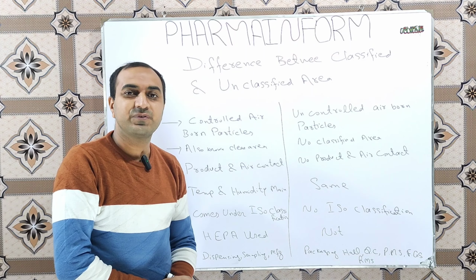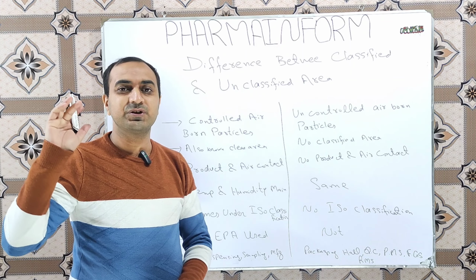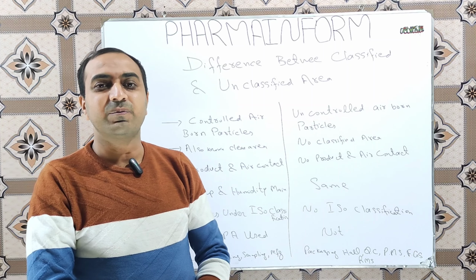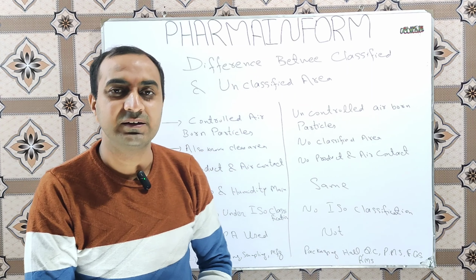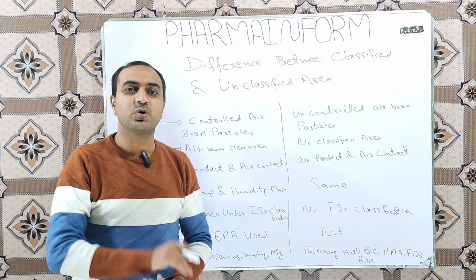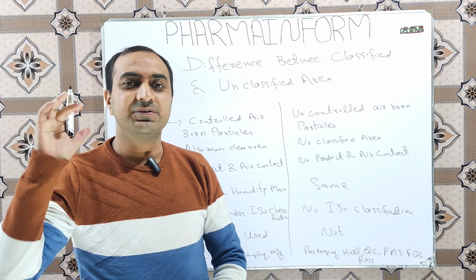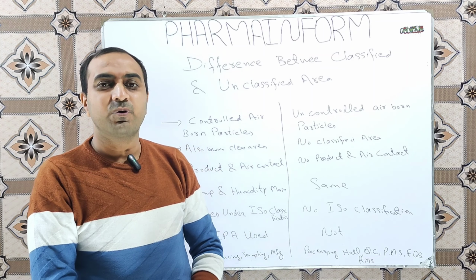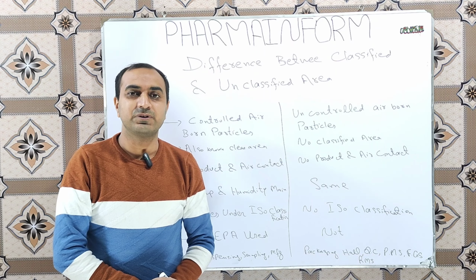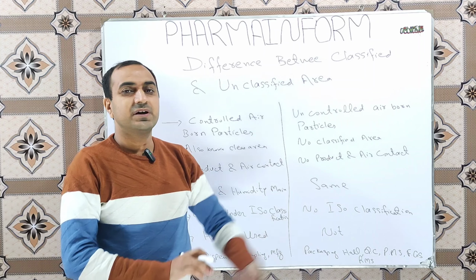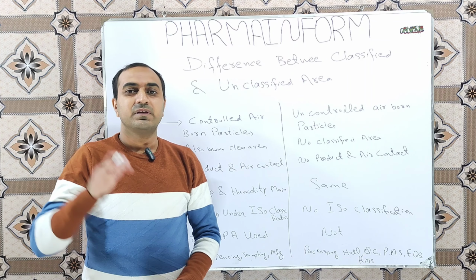So what is a classified area in pharmaceutical industries? A classified area in pharmaceutical industries is the area where we have a controlled number of viable and non-viable particles, and it is the area where our product comes in direct contact with the air. What is a non-classified area?